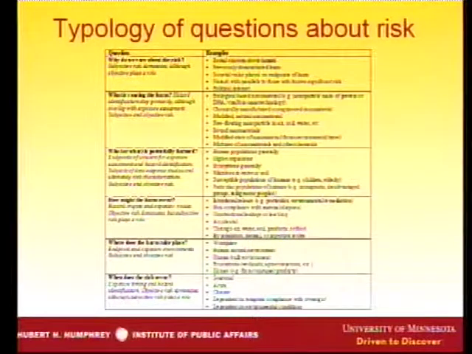What is causing the harm? Who is potentially harmed? How might the harm occur? Where does the harm take place? And when does the risk occur? So you see the what, where, how, who, why questions. And there's the very complex nature of nanotechnology risk assessment that can be framed within these questions in different ways.